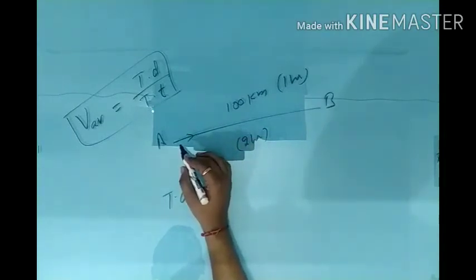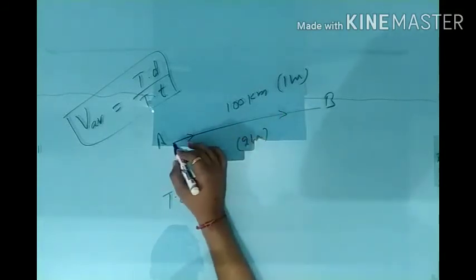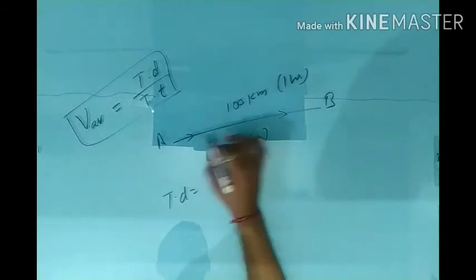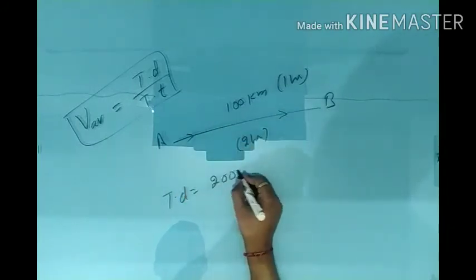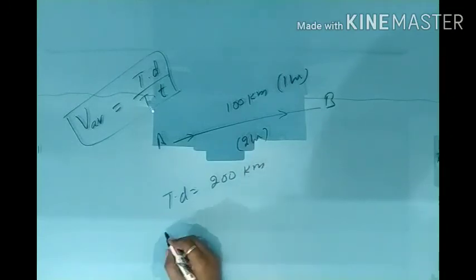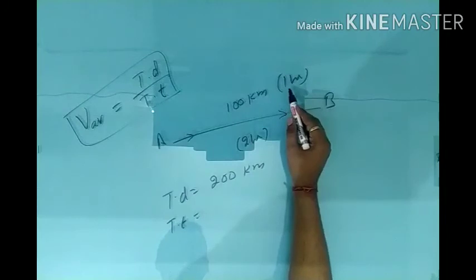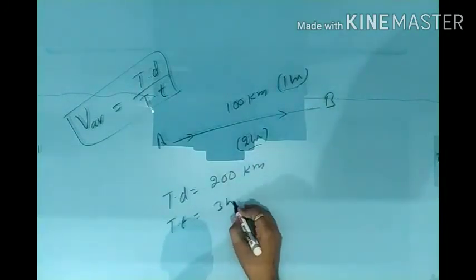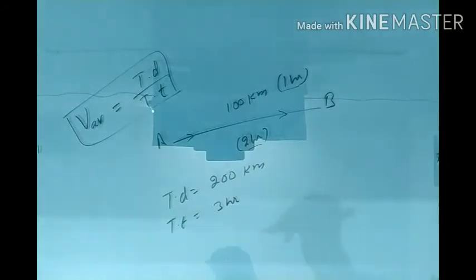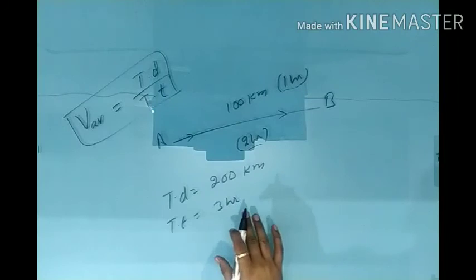I am talking about distance, not displacement. In case of displacement, it is 0, but in case of distance, he is traveling the total distance. It is 100, again came back 100, that is 200 kilometer. Now total time: firstly he covers in 1 hour, then 2 hours, it means 3 hours. It means the total time is 3 hours, total distance is 200 kilometer.